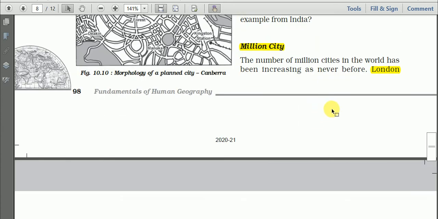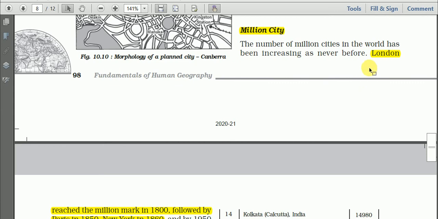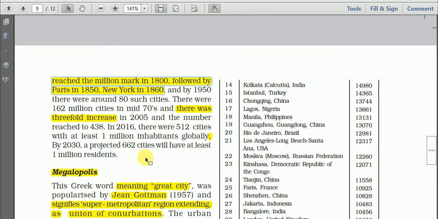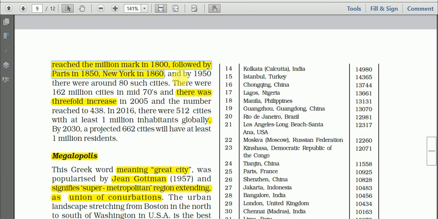So here are some features of million cities. London, which we discussed earlier, reached the population of 1 million in 1800, followed by Paris in 1850, then New York in 1860.